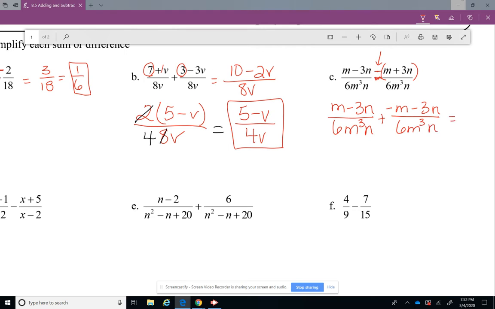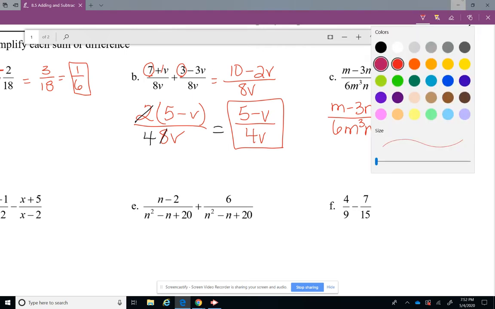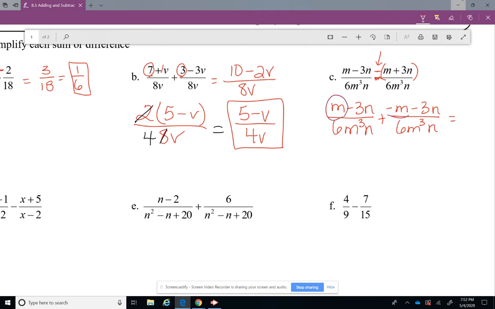All right, we have m minus m. Well, that just disappeared. All right, and we have negative 3n plus negative 3n, and that's going to give us negative 6n over 6m cubed n. Now, we have some canceling to do, because on this one, there is a minus sign in between them.